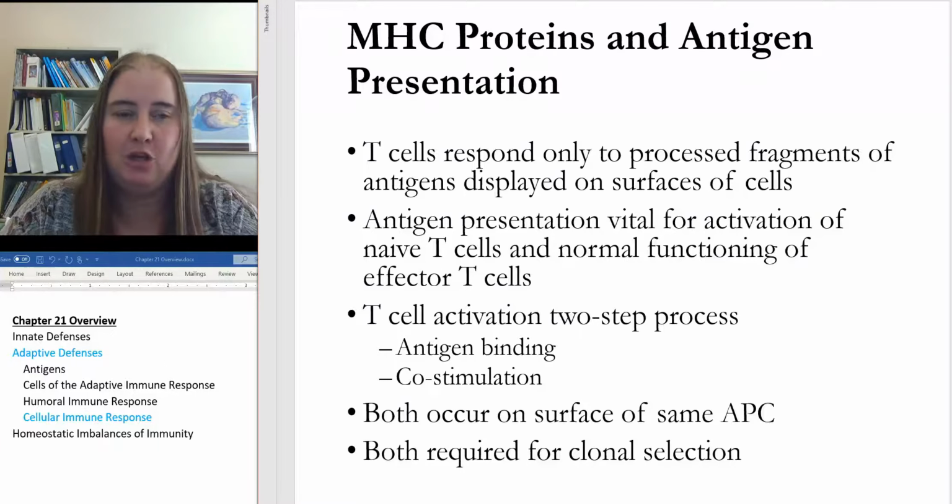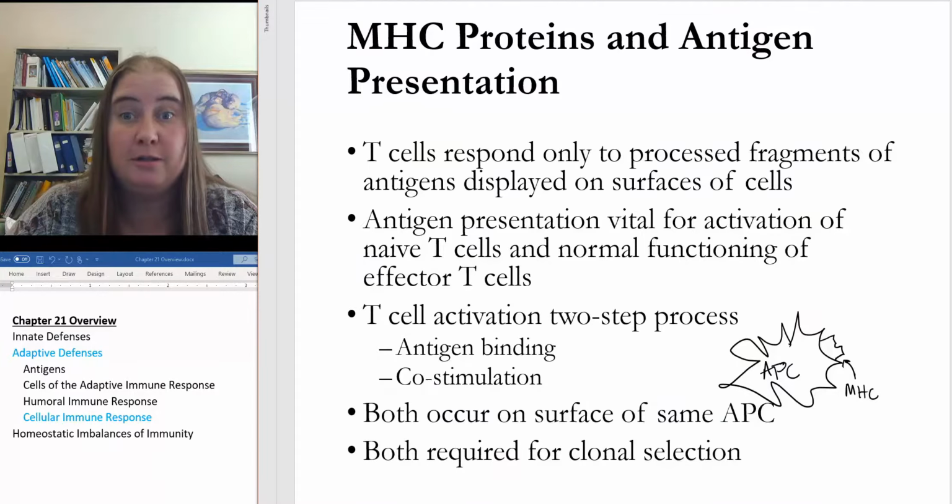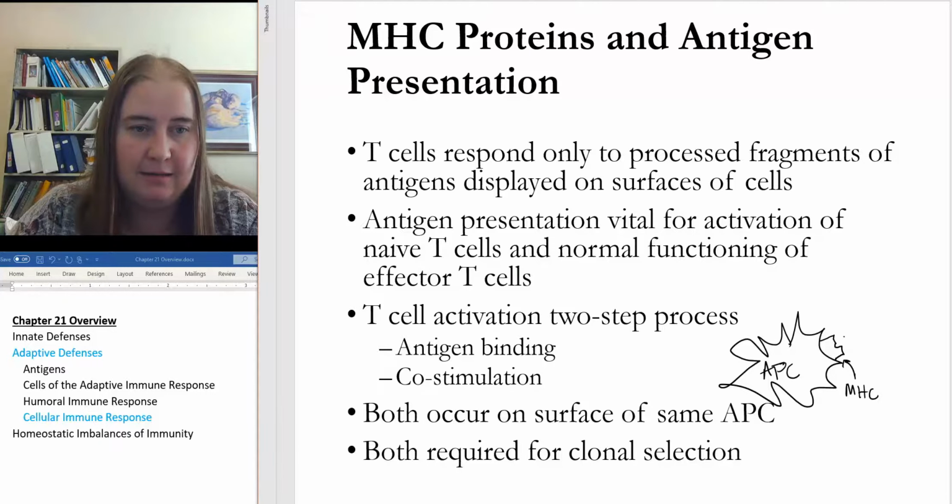So if we have, here's our antigen presenting cell. Remember we have our MHC. This is our MHC molecule that tells the immune system that this is self. However, in this case, here is our foreign antigen.